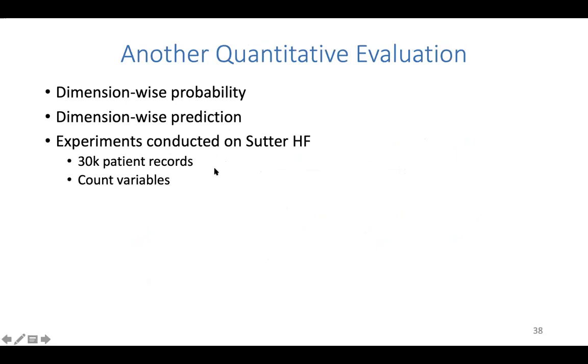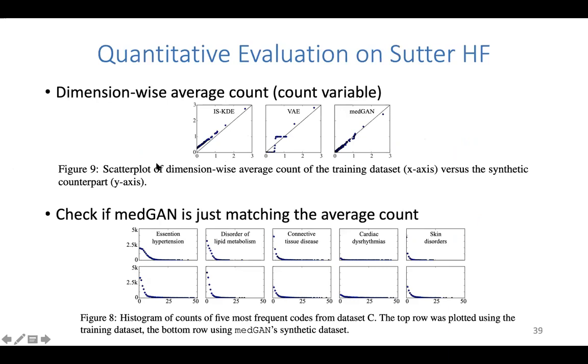We can do the same with a count variable with Sutter HF, which is a subset of the entire data set. So instead of 260K, we only have 30K, and instead of using binary variables, these are count variables. So it is a lot more difficult than binary variables, and we only have 30K samples to draw the knowledge from. So dimension-wise average count.